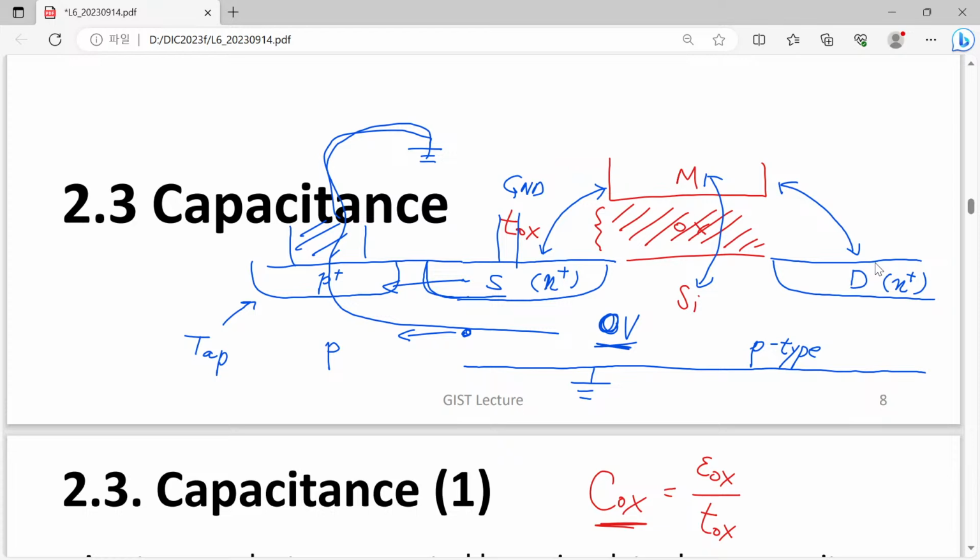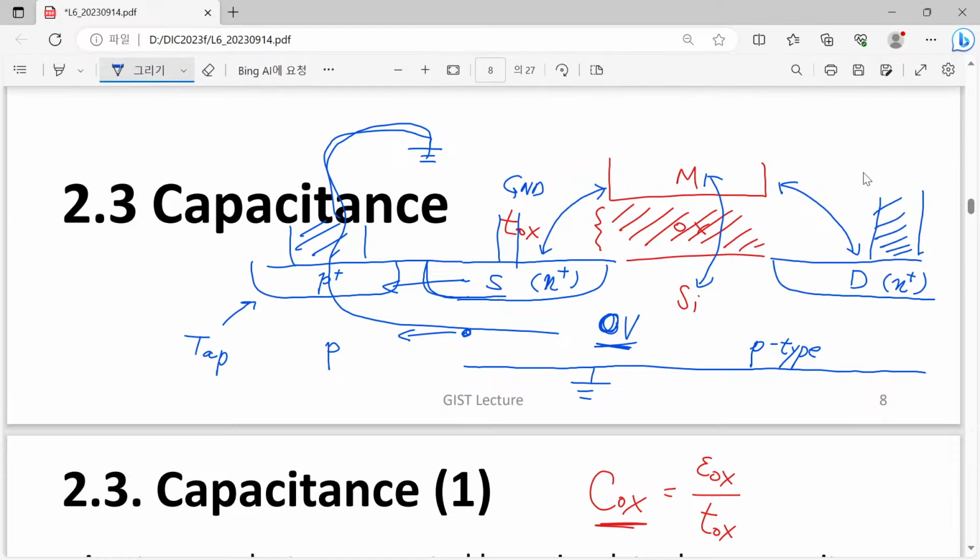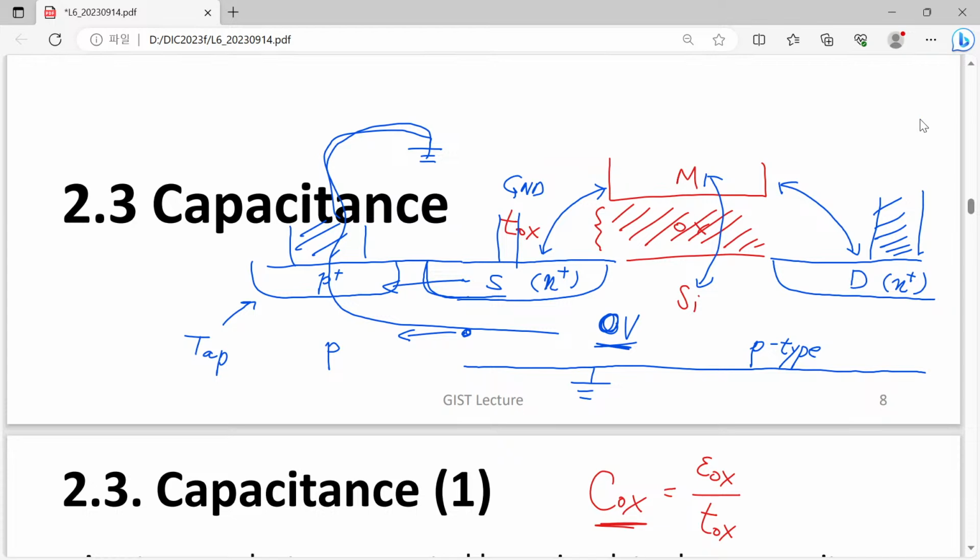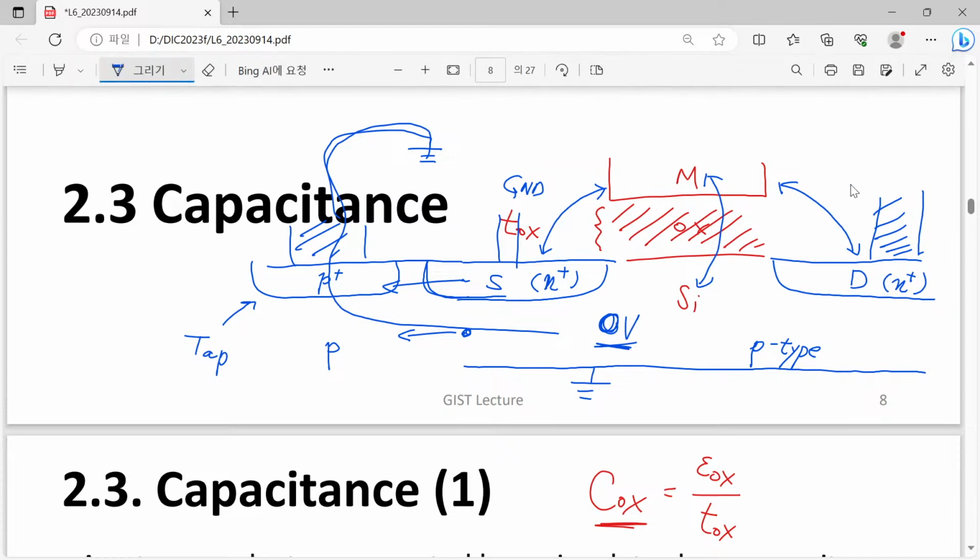And please consider, instead of the source, the drain case. In this case, usually this drain voltage is used as your output logic signal. Why? Because this is typically non-zero, so sometimes it can be either 0 or VDD. So let's say that we have a VDD case. Then what happens?